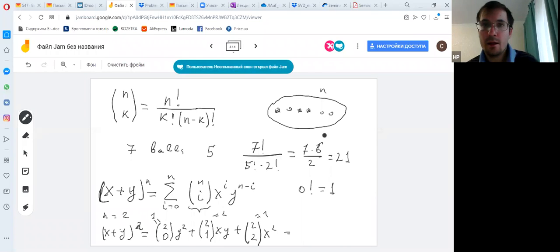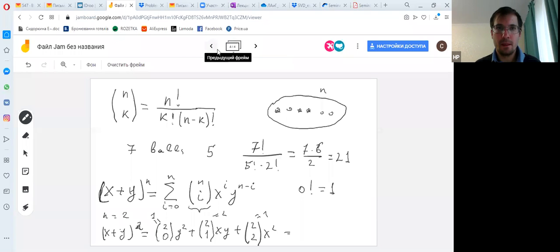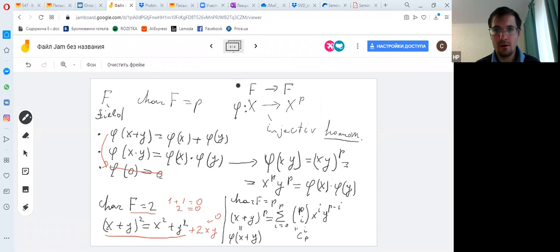Okay, and now we try to use this formula in our situation. We have a field of characteristic p, and we have this formula: (x plus y) to the power p equals this expression.